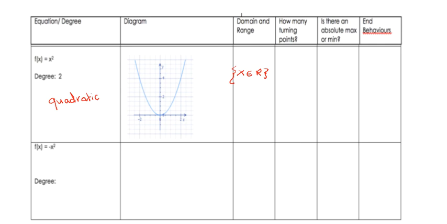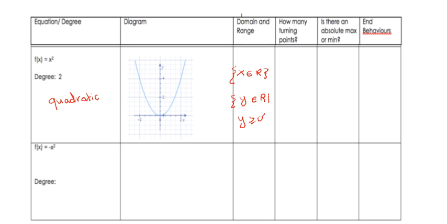What would be the range of this one? That's right. In this case, you have to be careful. You have a restriction on the y, where y is greater than or equal to 0 because of your vertex. Your optimal value starts at 0 going up.